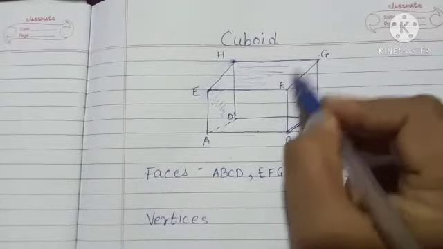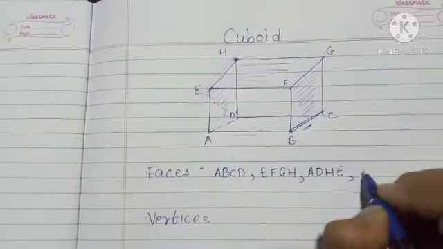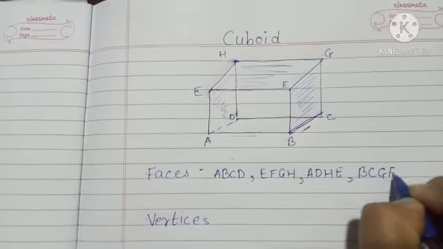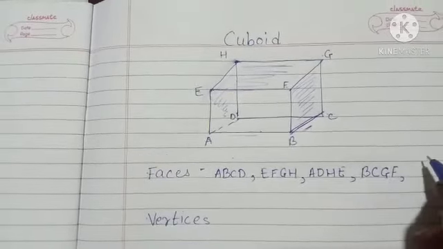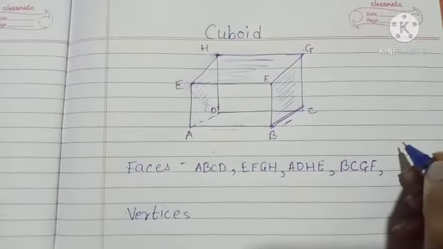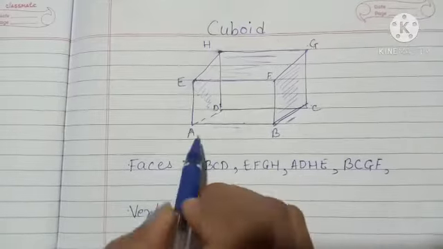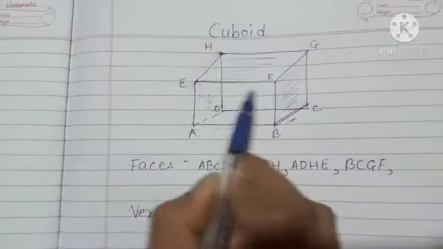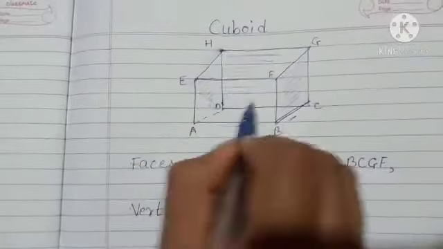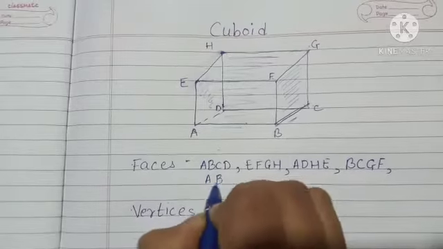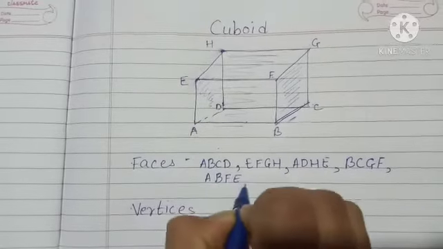This is the another face, that is B, C, G, F. Understood? Can you guess the next one? Correct. It's A, B, F, E. That means this side. This is the another one. A, B, F, E. Correct.